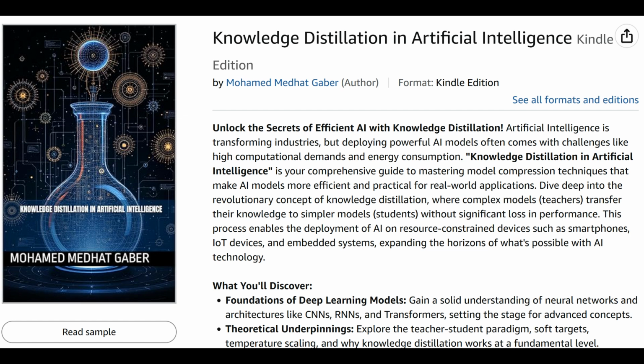Gotcha. What about using multiple teachers? Is that a thing? Learning from a committee? Oh yeah, definitely. Distilling from an ensemble of teacher models is often very effective. Why? What's the benefit? If you have several different high-performing teacher models, maybe trained with different initializations or slightly different data, they likely make different kinds of mistakes or have learned slightly different perspectives.